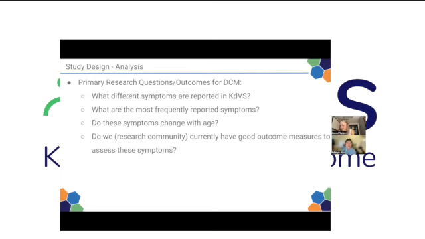Understanding age-related change in symptom presentation can guide age-appropriate intervention and support. And lastly, we need to evaluate the effectiveness of the current outcome measures used to assess these symptoms. This will help us identify any gaps and areas for improvement in our research methodology.